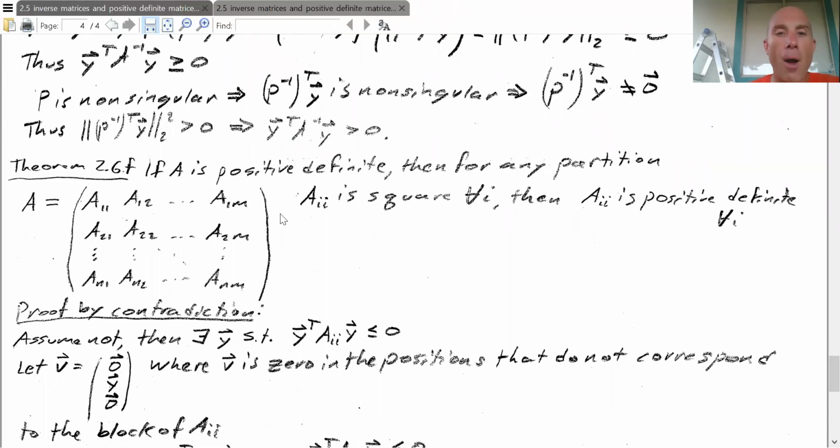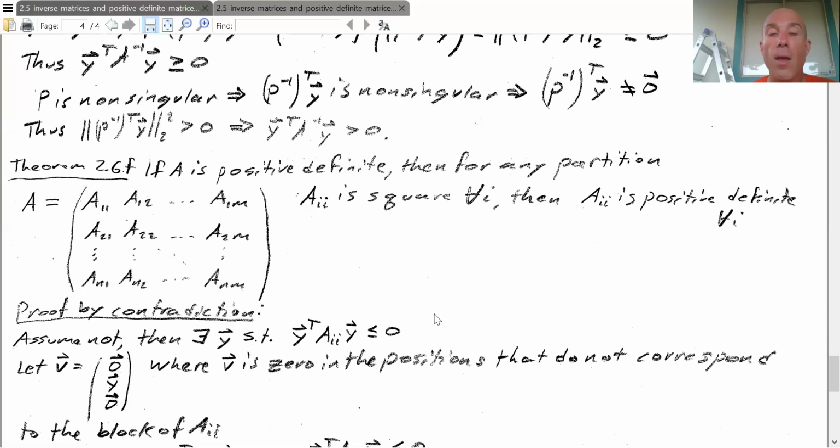All right, if A is a positive definite matrix, then for any partition where we have squares along the diagonal, so I have a block matrix with squares along the diagonal, and the subscripts should match, then all of the diagonal matrices A_ii are positive definite.